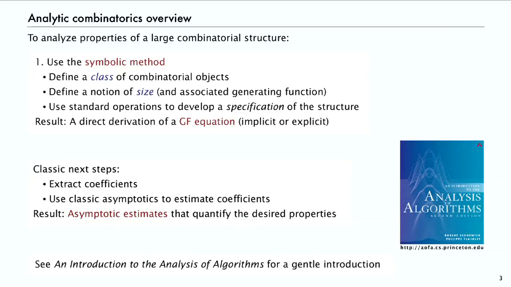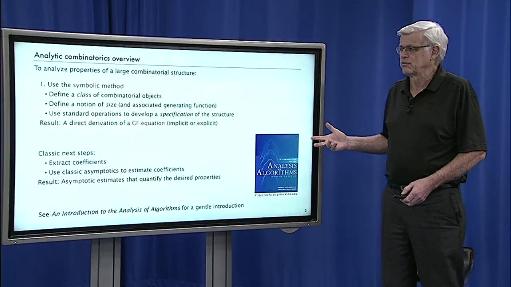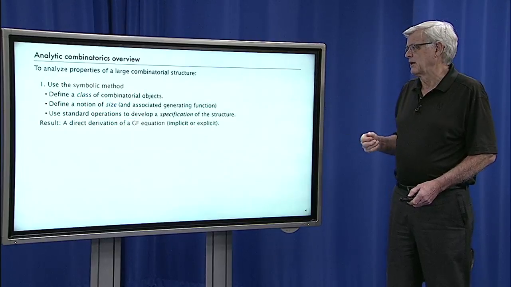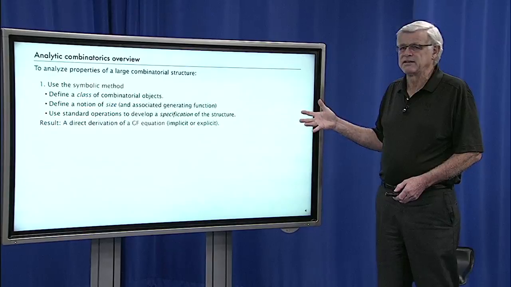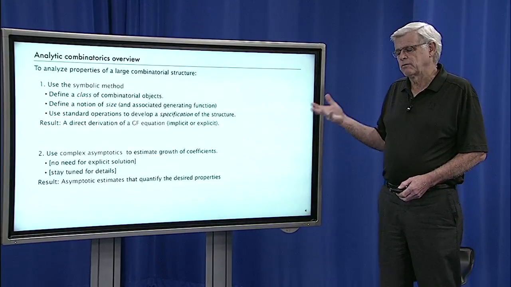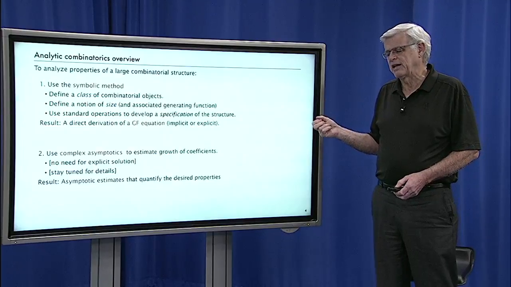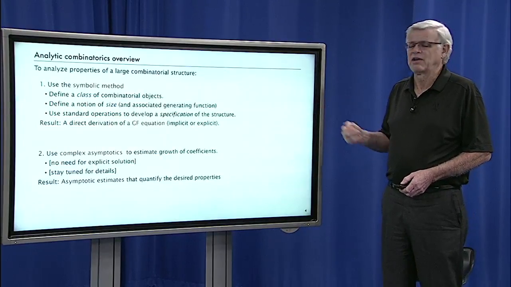This general approach is what we covered in Part 1 and is covered in our second edition of our book, Introduction to Analysis of Algorithms. For Part 2, we're going to talk about the symbolic method in more detail and many other examples. But when it comes to estimating the asymptotic values of the coefficient, we're going to use complex asymptotics.